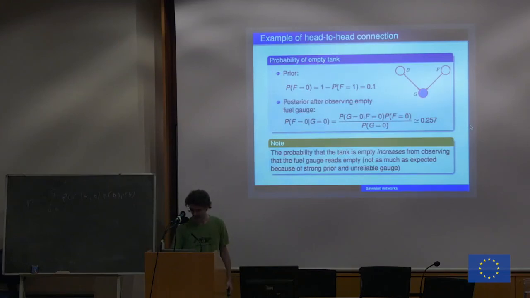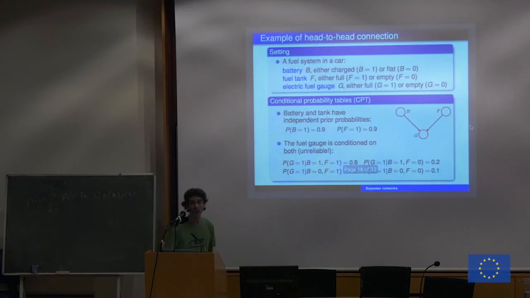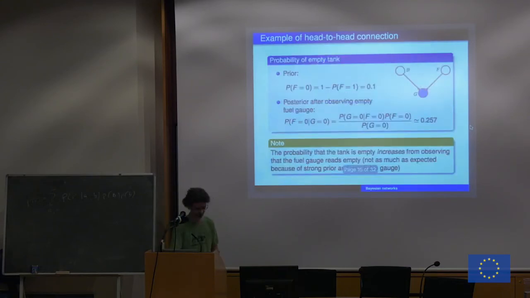Now, the way you compute this has to do with inference. In the network, you only have the gauge given the parents. If I want to compute this, I can't read it in the tables because it's nowhere in the tables. I have to apply some machinery over the probabilities in order to come up with this probability.